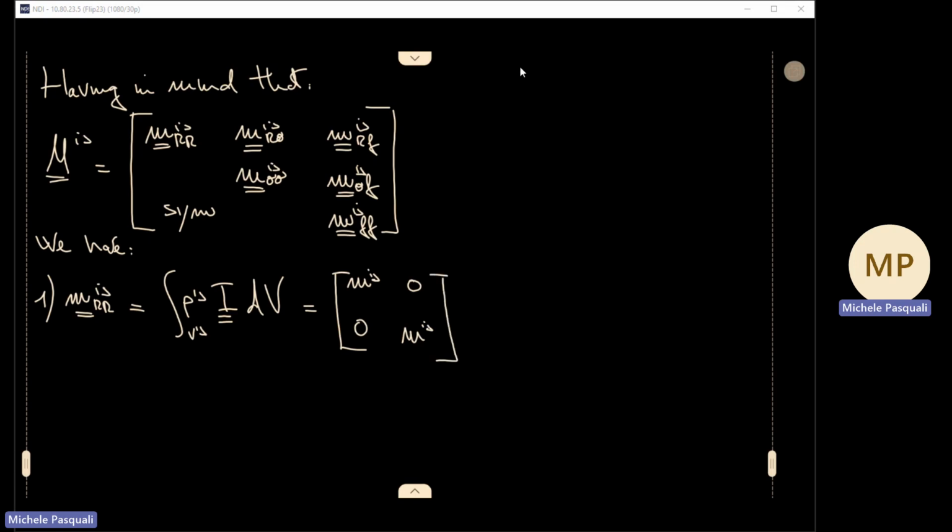But this is constant, of course. And this, of course, is the mass of the element J.